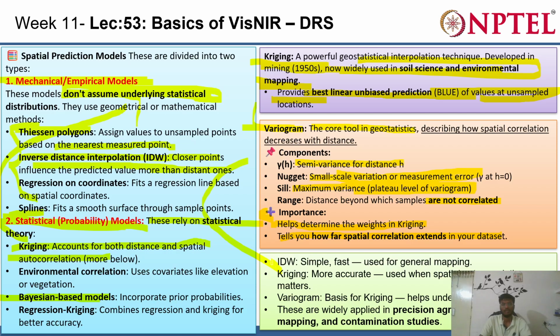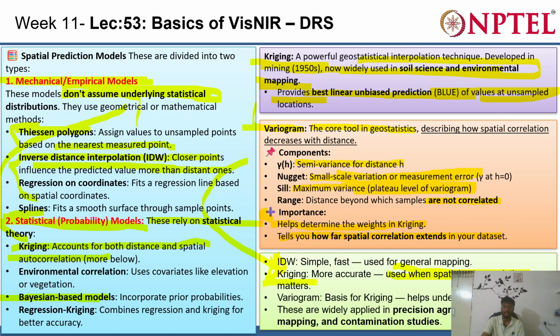In summary, the IDW method is very simple, fast, and generally used for mapping, while kriging is more accurate and used when spatial autocorrelation matters.